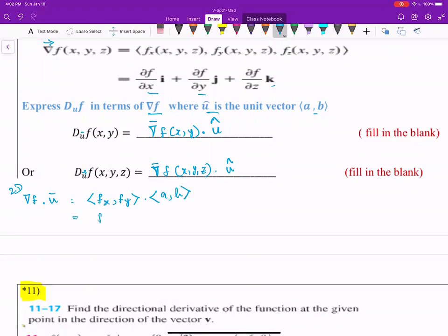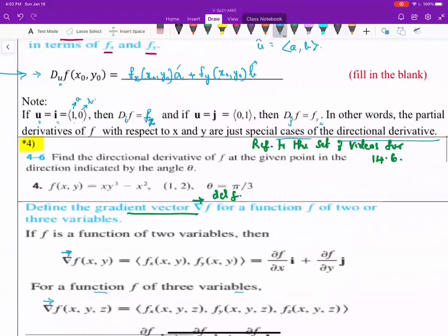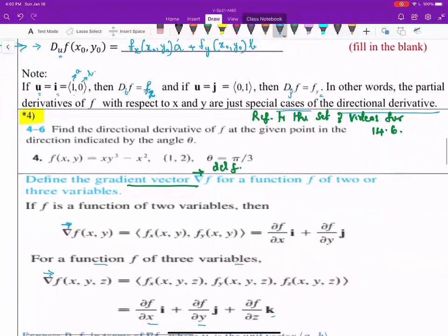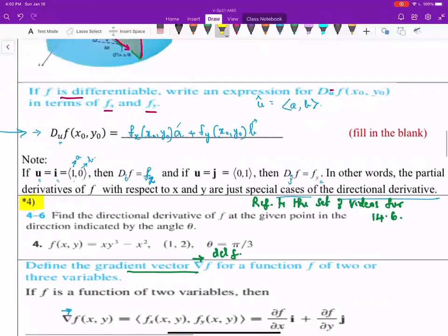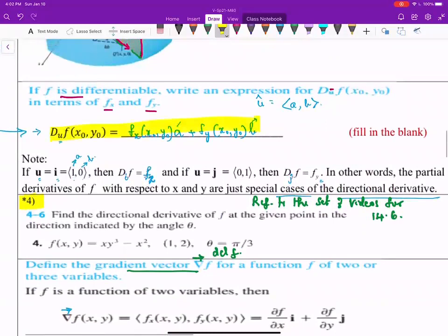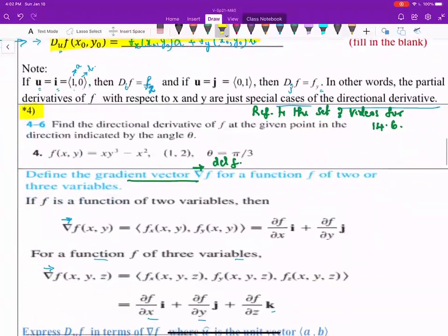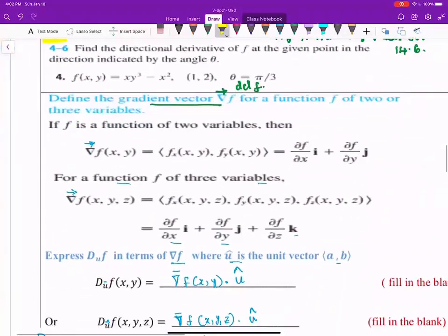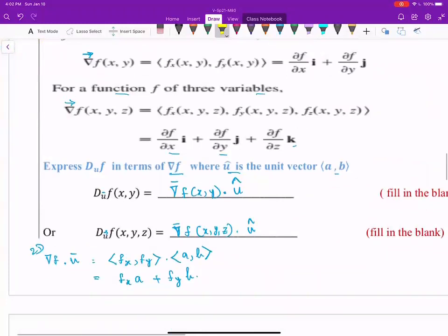The dot product is multiplying the corresponding components. So fx a plus fy b, that's exactly what we defined earlier. So this is another way of writing the directional derivative Du f, as a dot product of the gradient vector dot the unit vector u.